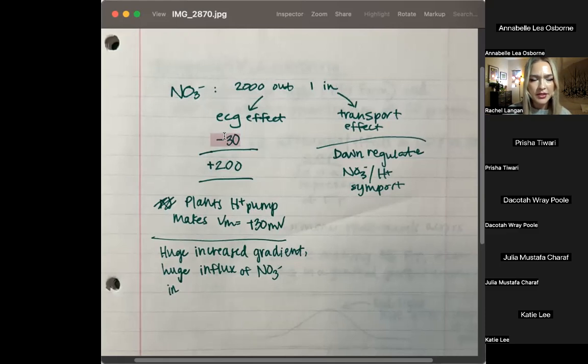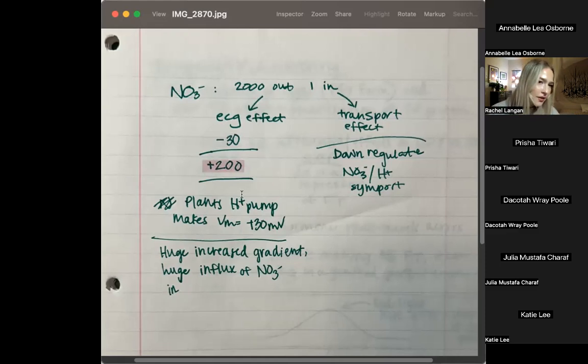So under those conditions, if you opened up a nitrate channel, nitrate would want to move in to go from negative 130 to negative 30. Now, under these conditions, nitrate still wants to move in, right? If we're at negative 130.